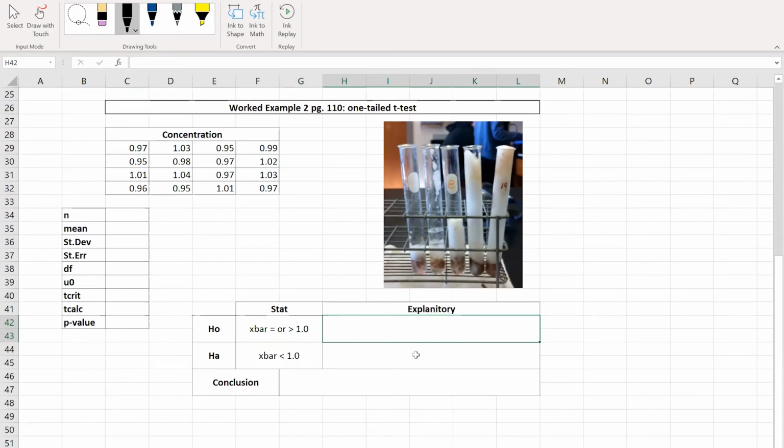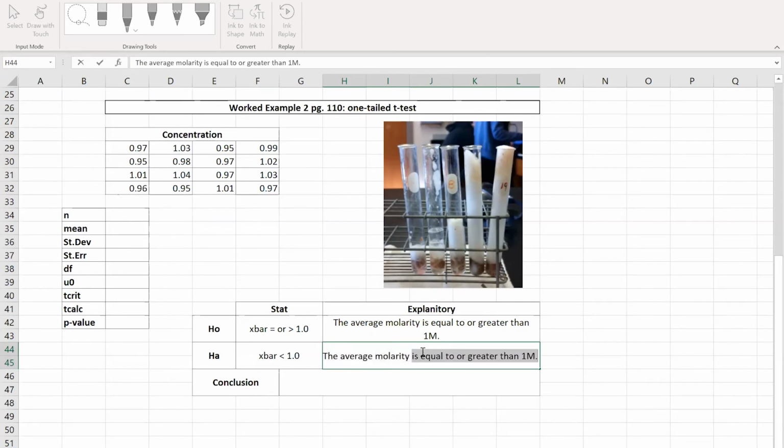We put that into words, we'd say the average molarity is equal to or greater than 1. Our alternative would be that the average molarity is less than 1 molar.